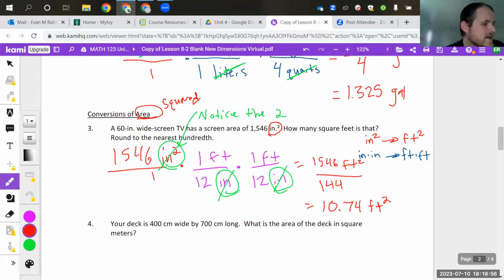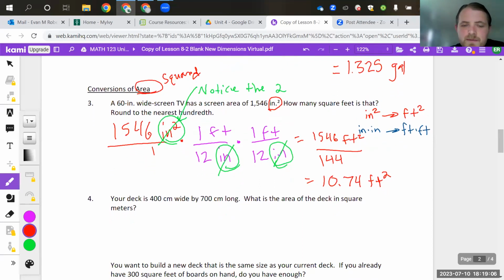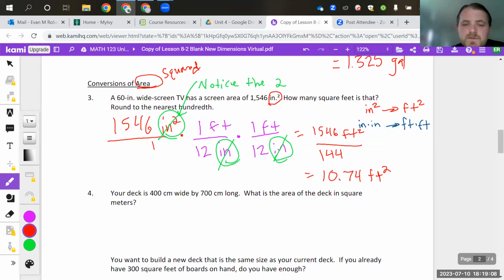So I'm trying to think of, if I want to stay consistent, I'm going to solve number 4 like we did with number 3. You could convert this to meters right now, but then you would have to do the dimensional analysis twice.